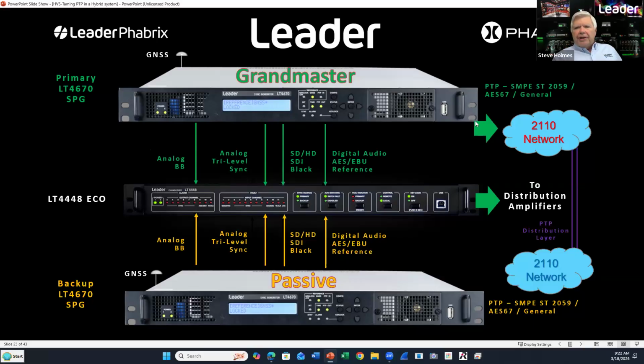And then PTP is doing its thing out in the network. Now, this unit is online feeding PTP. This unit's also online through the ECO feeding the network. This unit is passive for what's going out to the PTP, and it's feeding the signals into the ECO, but the ECO is using the other side.